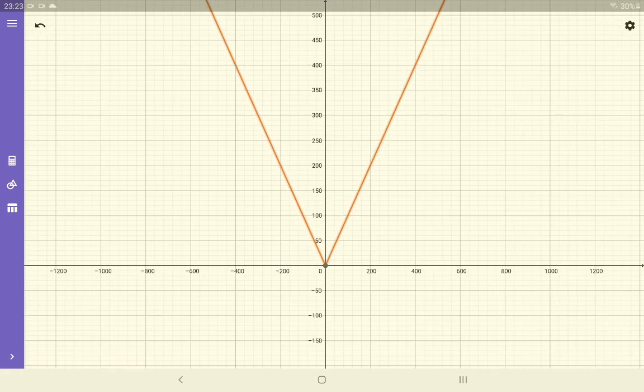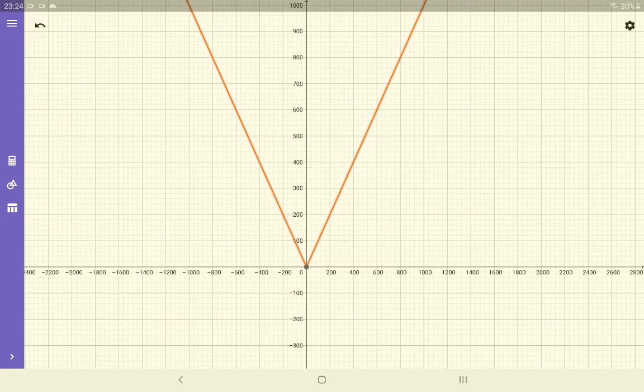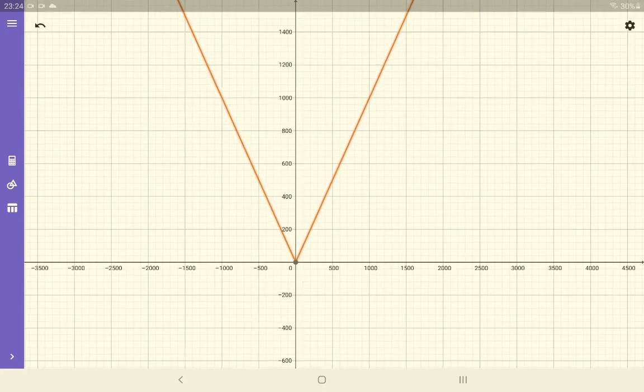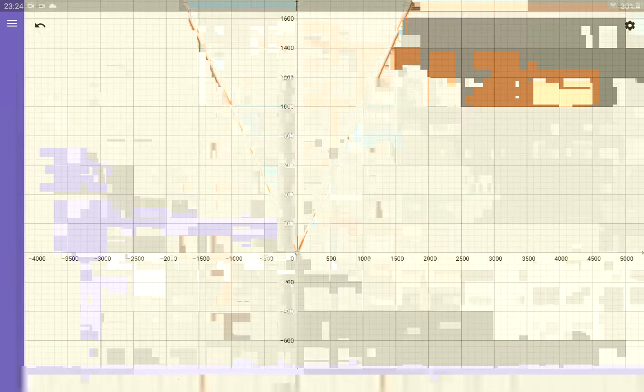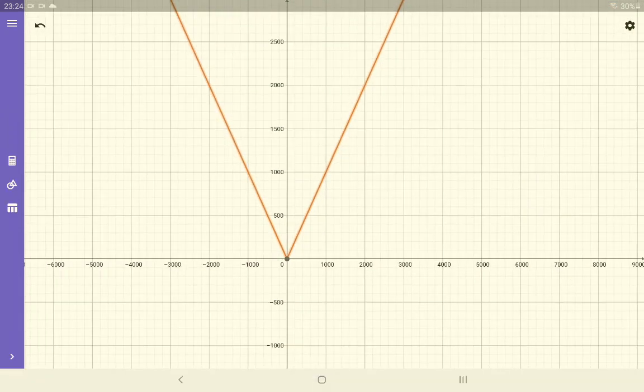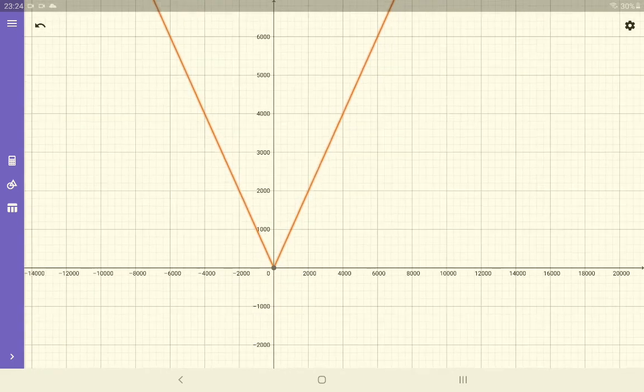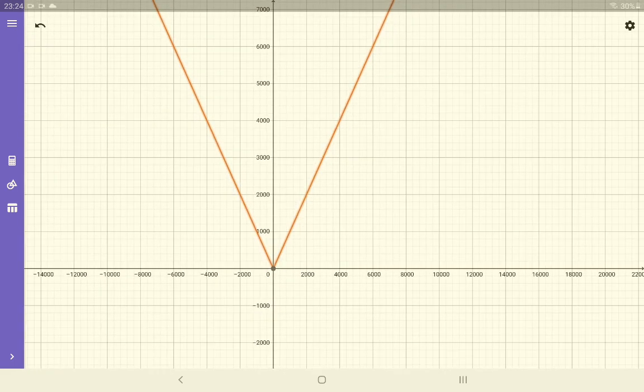The graph of f of x equal to mod x is the union of the line y equal to x from quadrant 1 with the line y equal to minus x. See, this is the union of two lines, and it covers two quadrants, quadrant 1 and quadrant 2, and again its graph is symmetric about the y-axis.